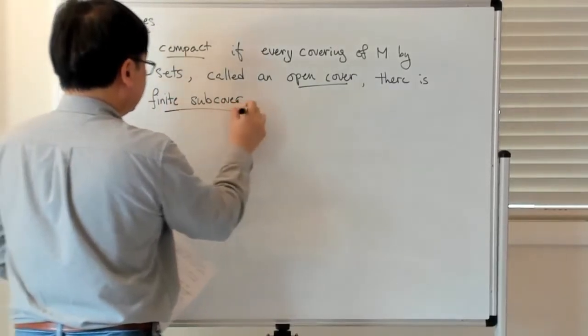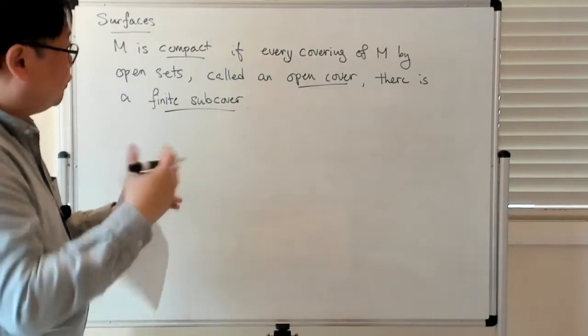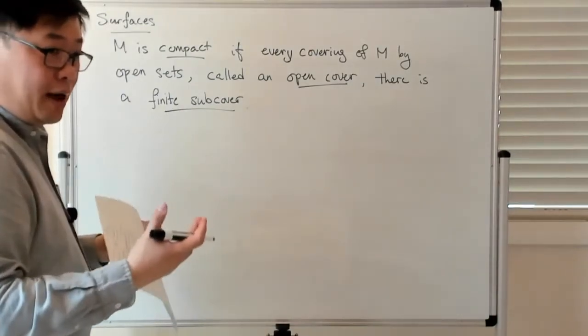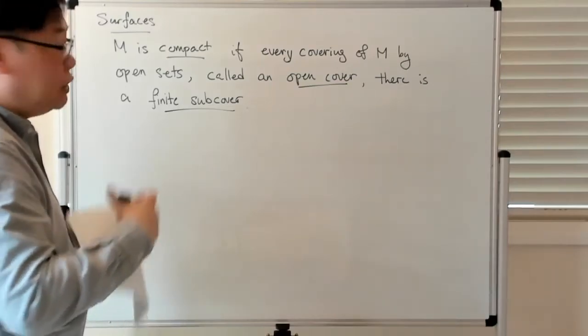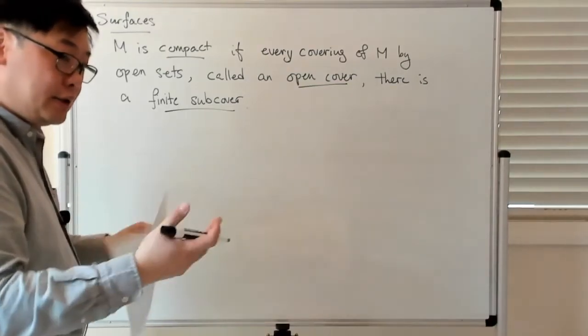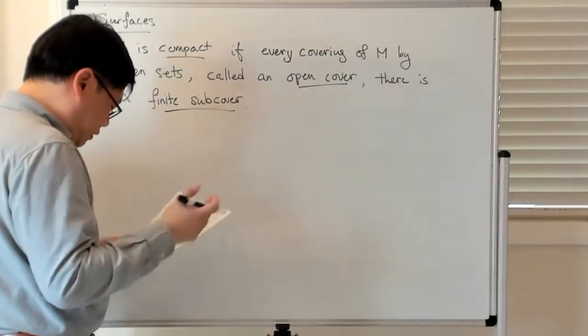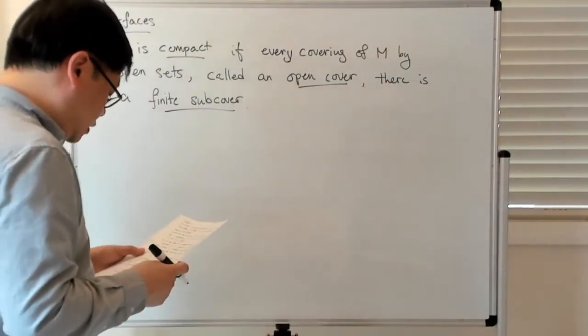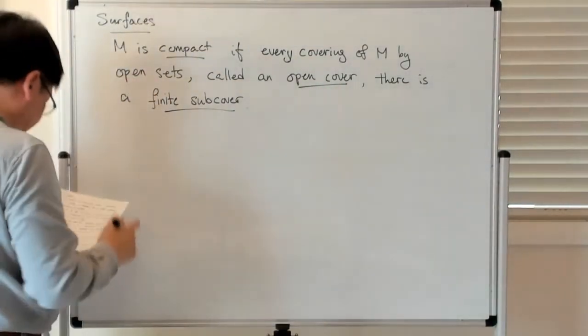What that means is that if you give me a covering by open sets of the manifold M, and M is compact, then I can choose some subset of those sets which still gives me a cover, and not just any subset, but a subset which has a finite number of elements in it. So this is the idea of compactness.